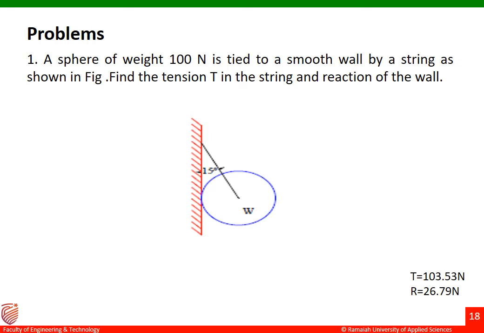Let us see some examples on Lami's theorem. The first example is a sphere of weight 100 Newton tied to a smooth wall by a string as shown in the figure. Find the tension in the string and the reaction of the wall.